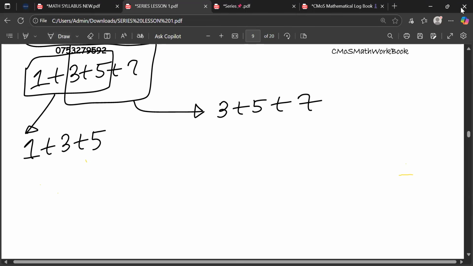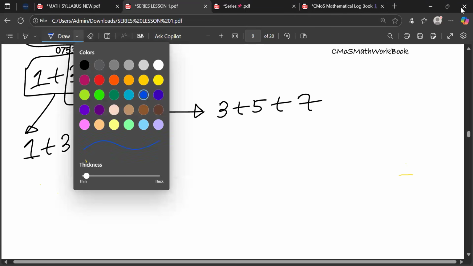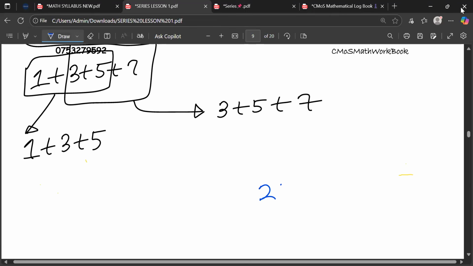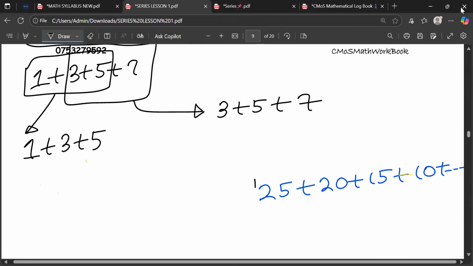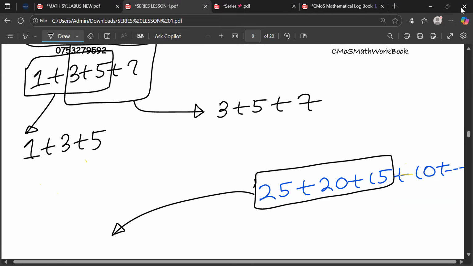Then also, I'm going to have others here, those ones that involve subtraction: 25, 20, 15, 10, etc. Then I come, I get this. Then I also come and get this.